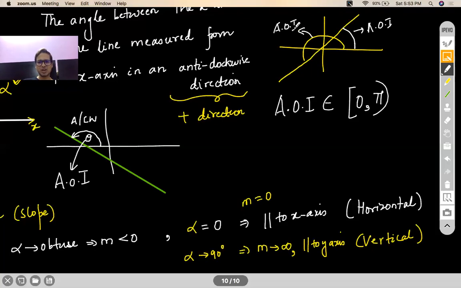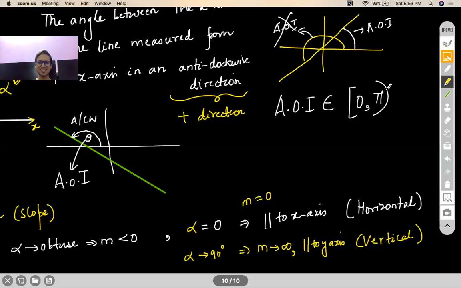So don't get confused if somebody tries to say that. Why is pi in a round bracket? Because when the angle between the x-axis and the line becomes 180 degrees, it is back to 0.